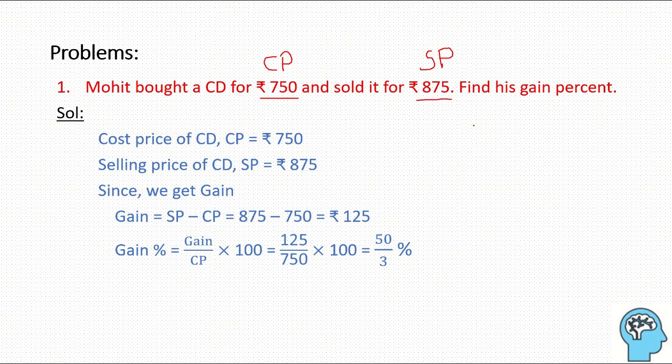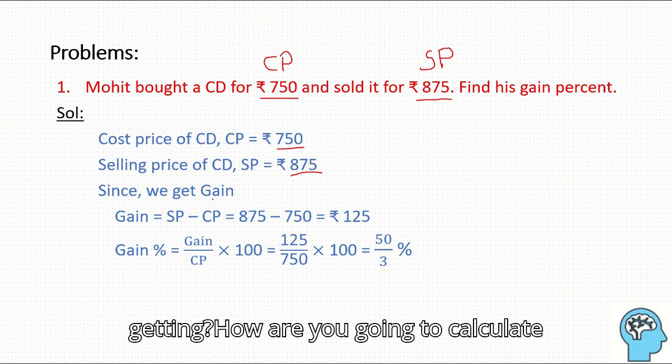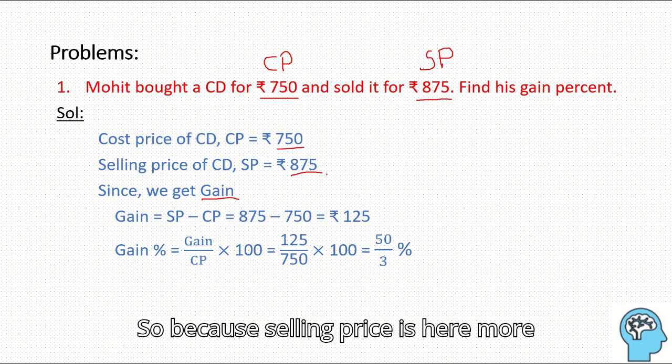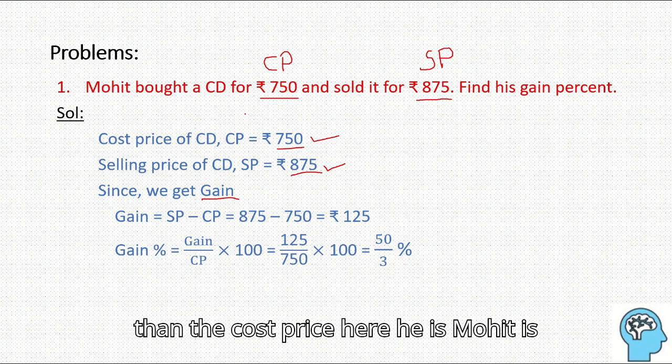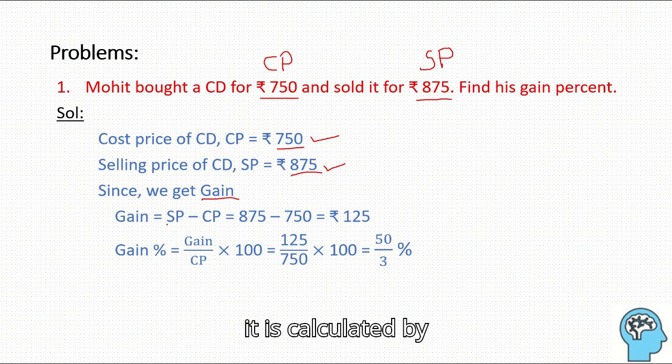Cost price of a CD is 750, selling price is 875. So how are you going to calculate gain or profit? Because selling price is here more than the cost price, Mohit is going to get profit only, and it is calculated by subtracting both.